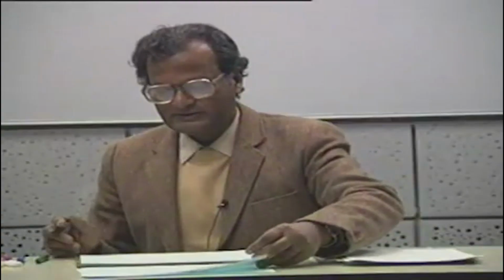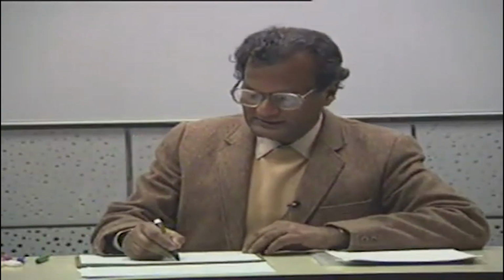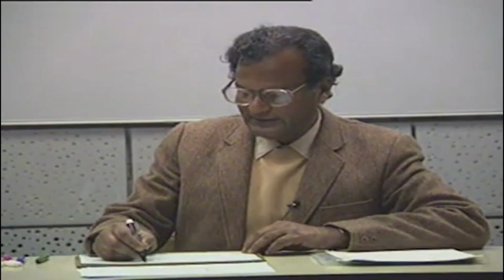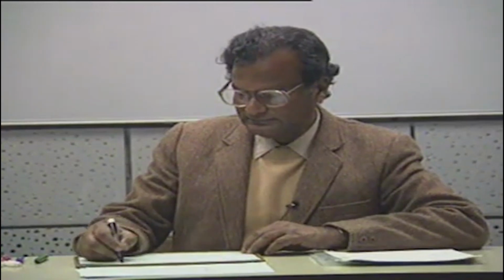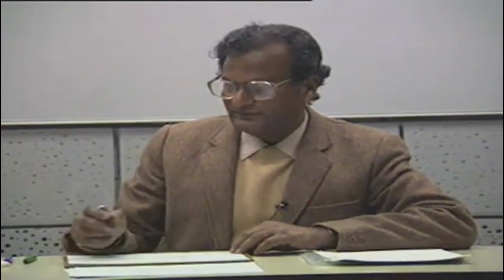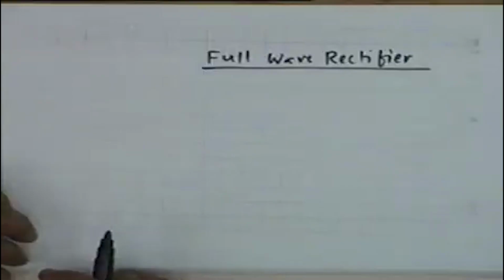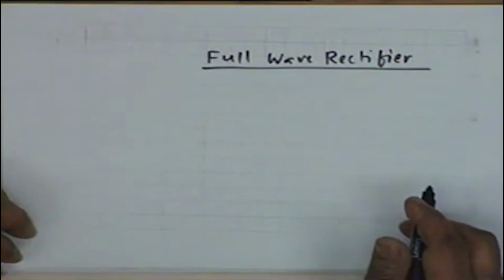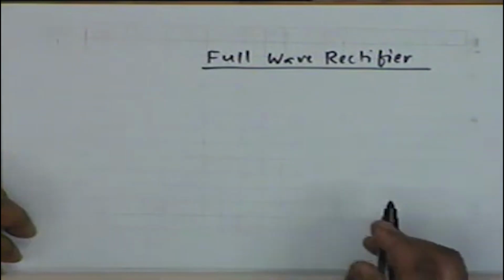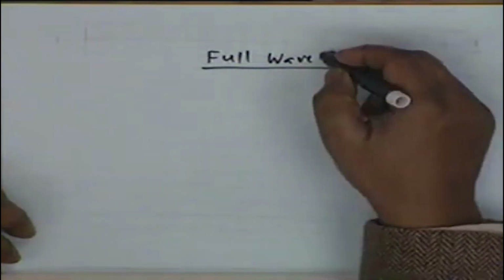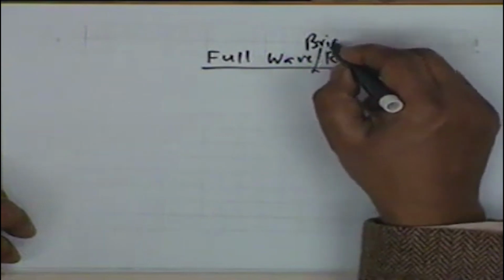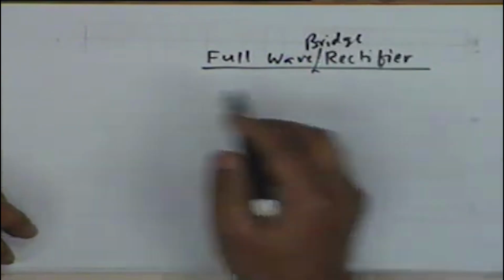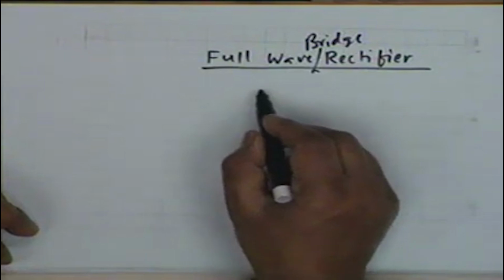That brings us to a circuit known as a full wave rectifier. A full wave rectifier can be of different construction. The one that uses 4 diodes in a bridge configuration is called a full wave bridge rectifier, and it is constructed like this.